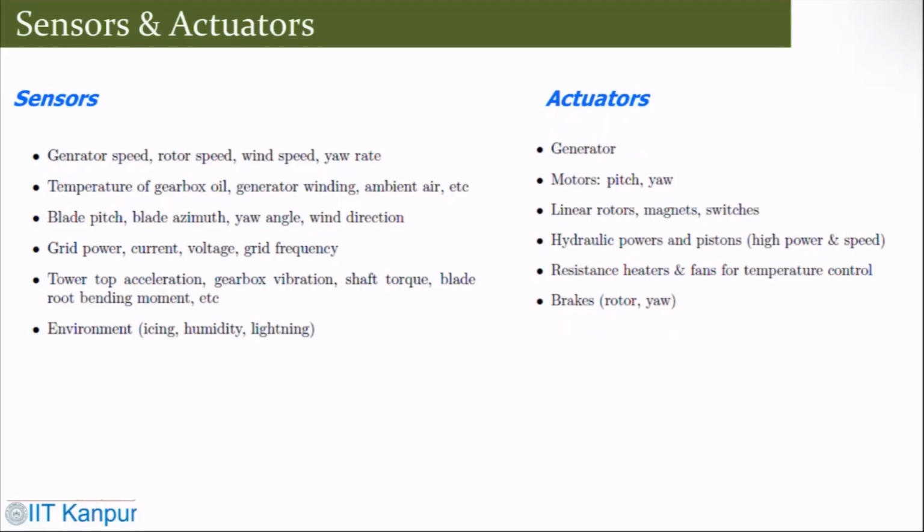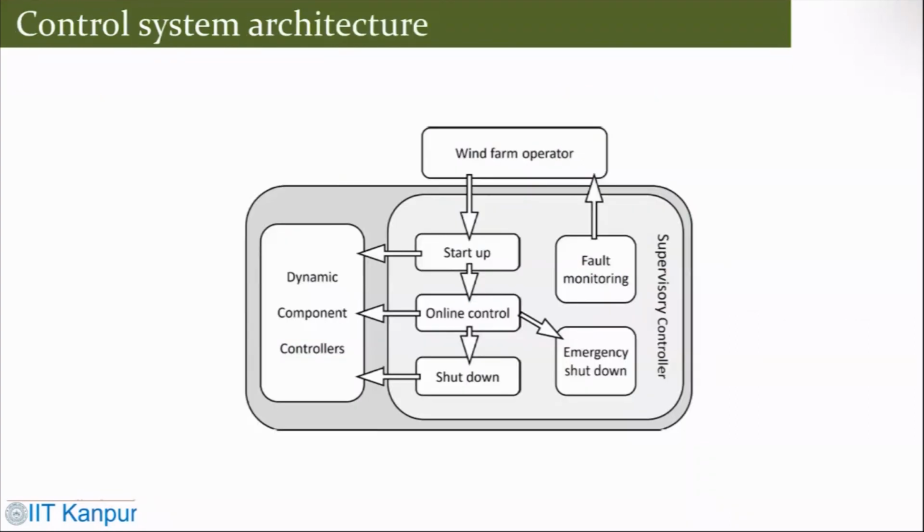Now, what does the control architecture look like? You have a wind farm operator, you start up, then online control, component wise, then shutdown. So basically dynamic component controllers. If an emergency shutdown, fault monitoring, so it comes back.